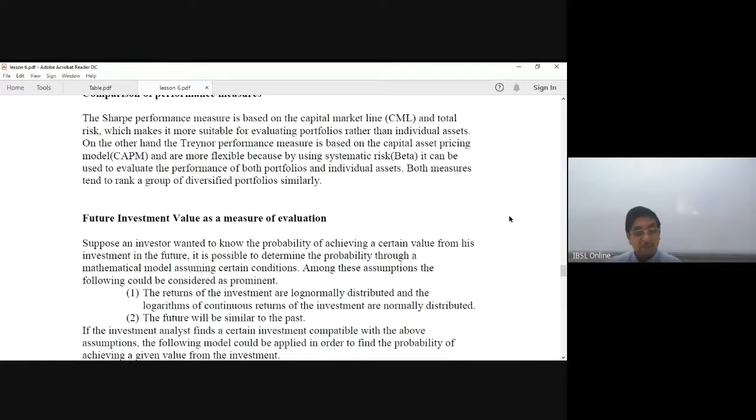Now just check what we are going to refer to as the variable here. The returns of the investment are log normally distributed. So investment return is the variable we have taken here, and that variable is log normally distributed.